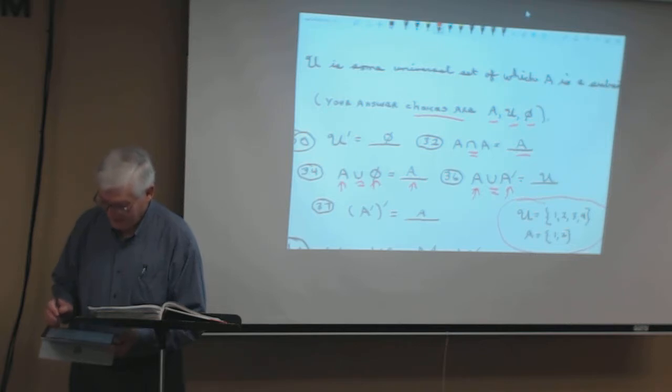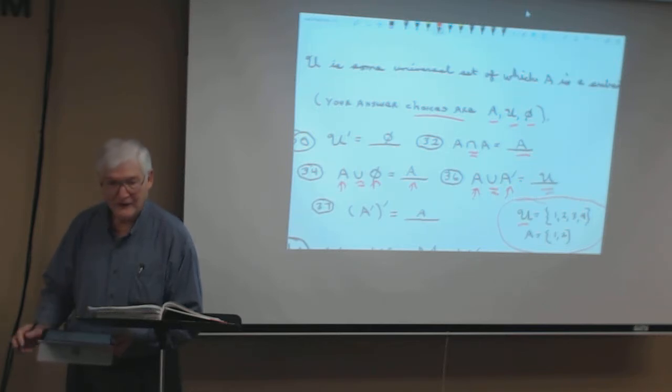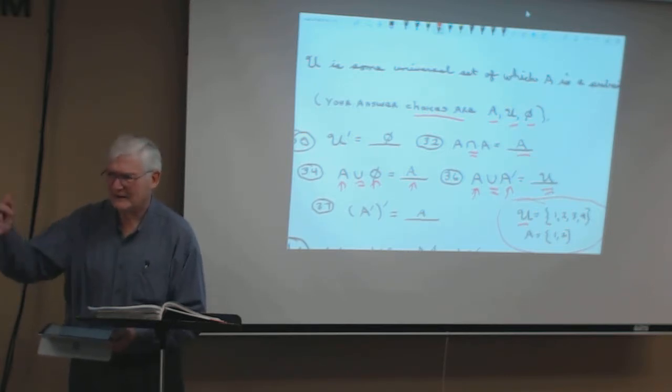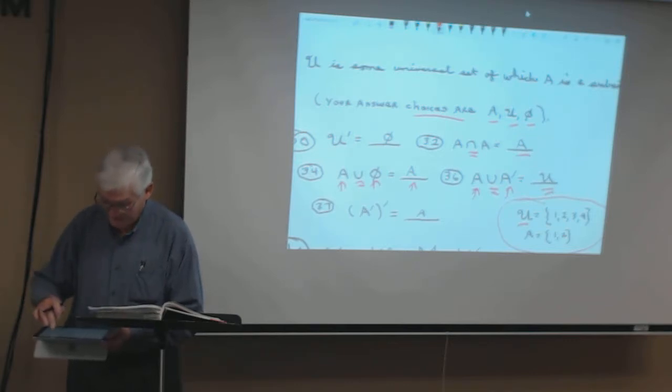If I take A, 1 and 2, and the complement of A, 3 and 4, and I put them together, what do I have? I have the universe, don't I? See how this little model kind of helps you see the abstract stuff when you're talking about it?